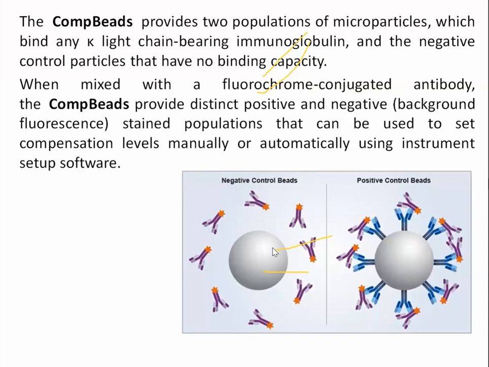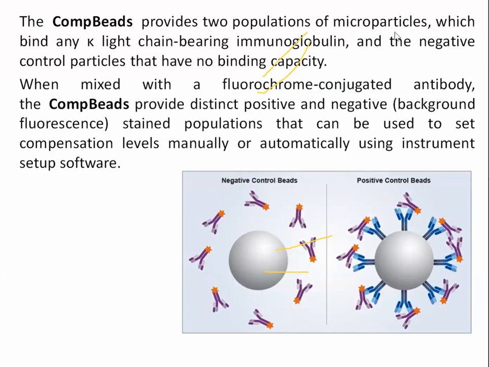In contrast, cells will bind only to that specific antibody. If I'm using T cells or lymphocytes, it will bind only to lymphocyte markers, not to granulocyte markers. But if I use beads, since the binding site in this bead is a kappa light chain, and every antibody has a kappa in it, it will come and bind to that particular bead.